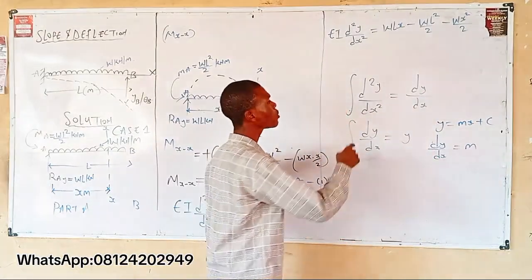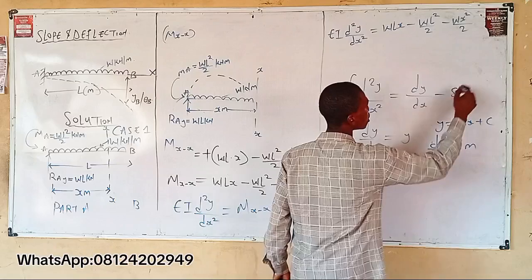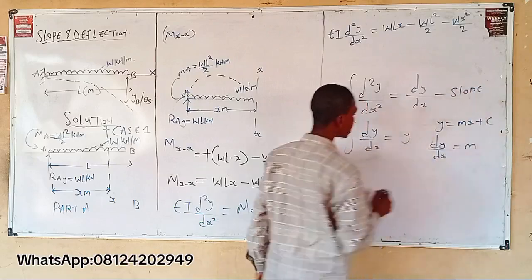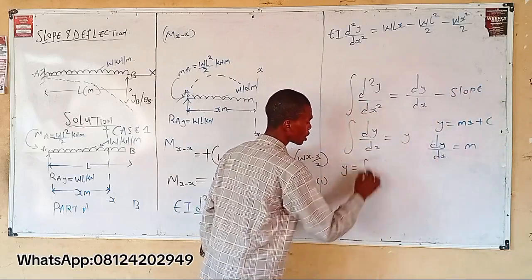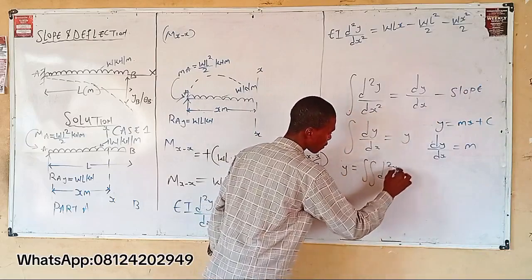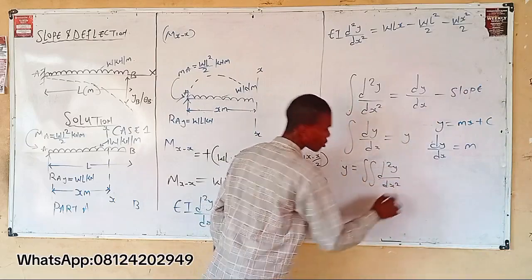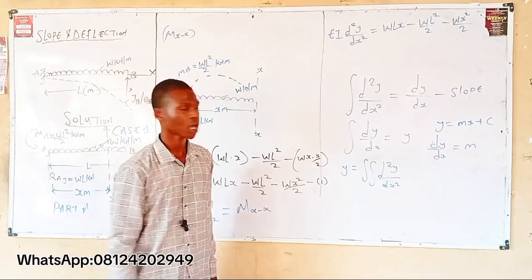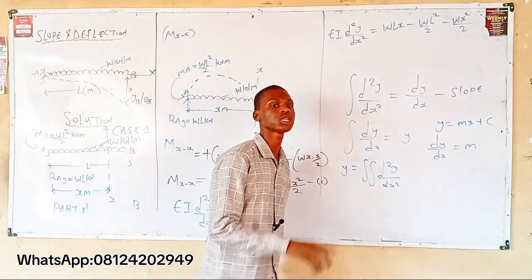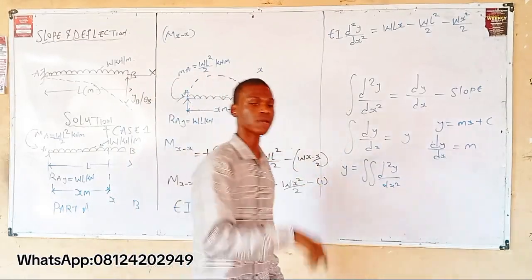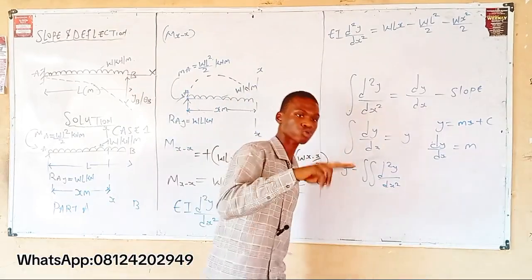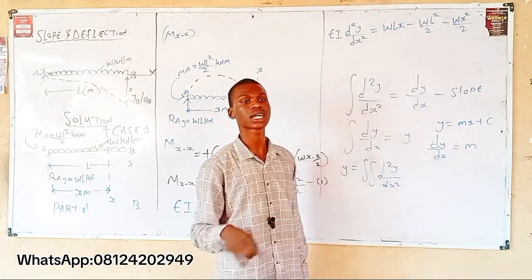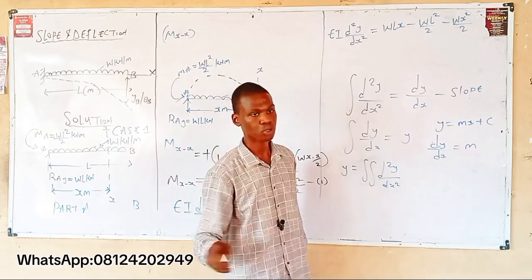If this is slope, then y, which is the deflection, can take this. Meaning that to get your slope equation, integrate once. To get the deflection equation, integrate twice, or you simply say integrate your slope equation.